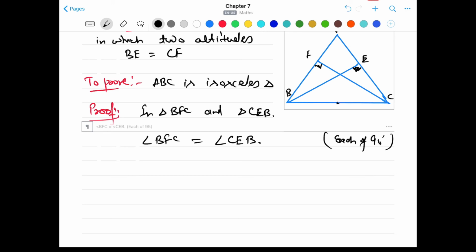Then the side opposite to this right angle for both triangles is BC, and we know that the side opposite to the right angle is the hypotenuse.